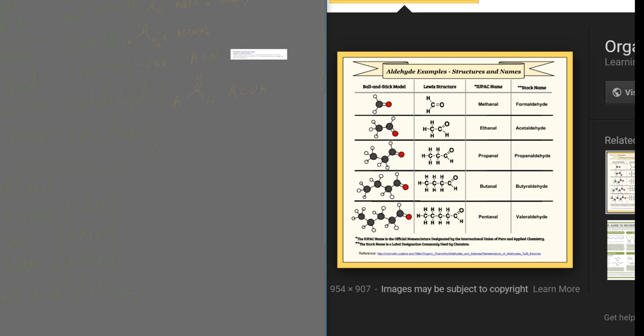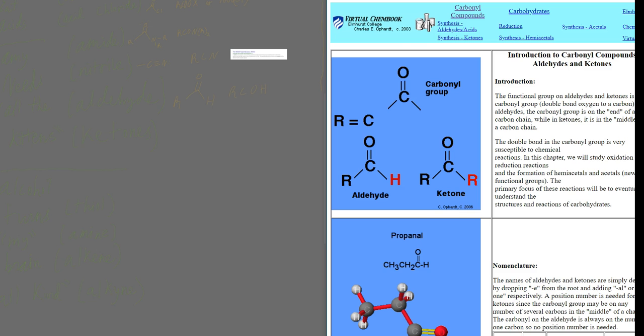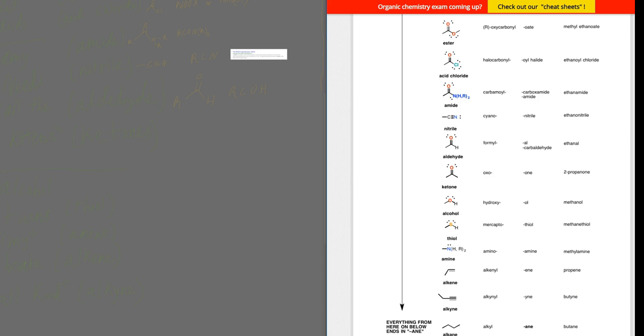Ketones, okay. Let's look into this. Ketone, voila.